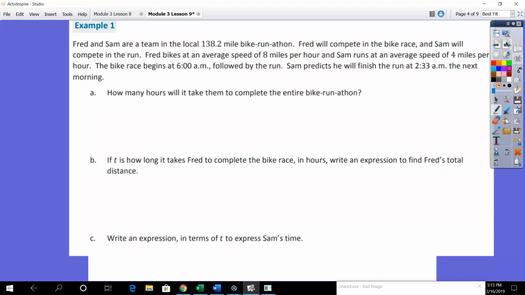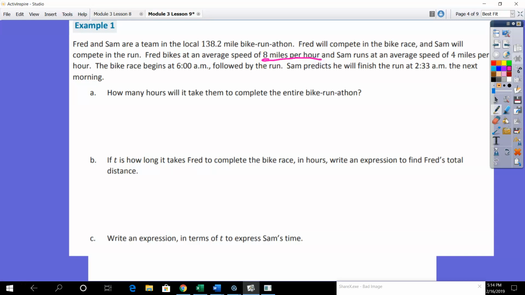Okay, so in example 1, we have Fred and Sam are a team in the local 138.2 mile bike runathon. Fred will compete in the bike race and Sam is going to compete in the run. So Fred bikes at an average of 8 miles per hour.